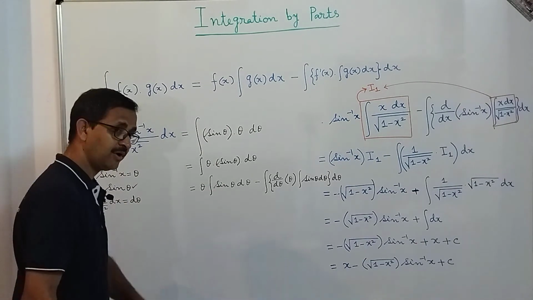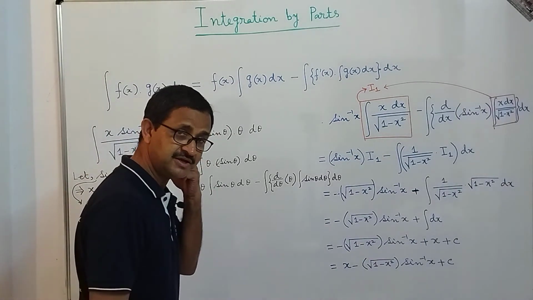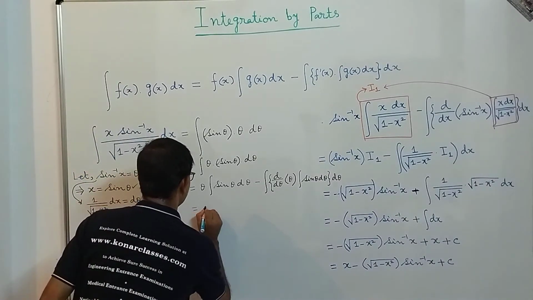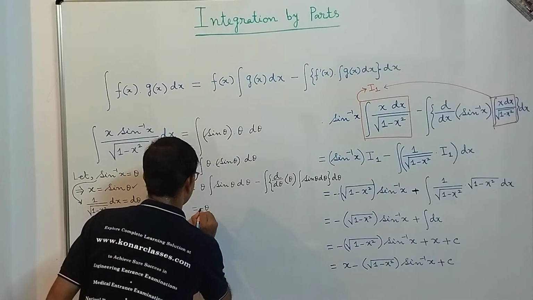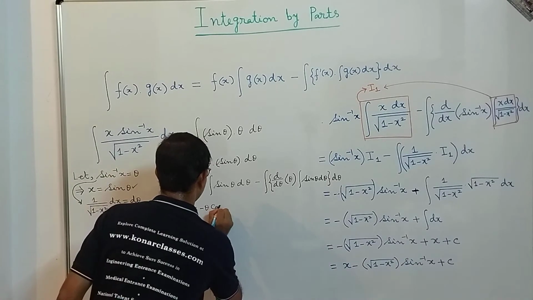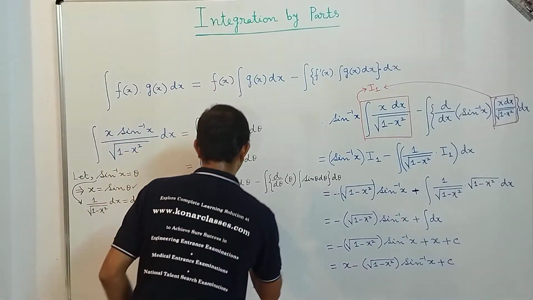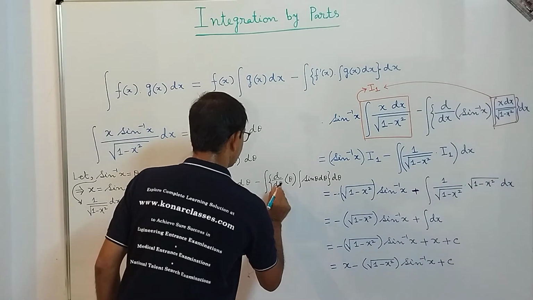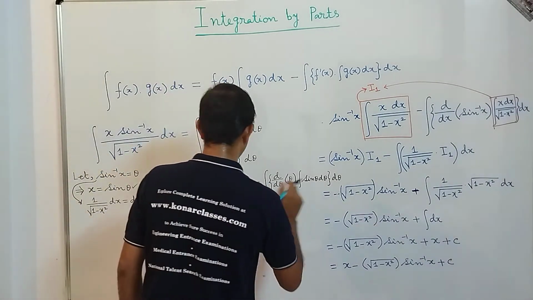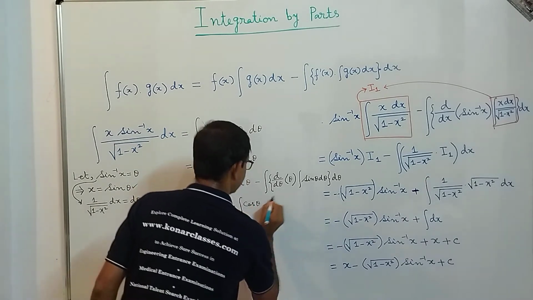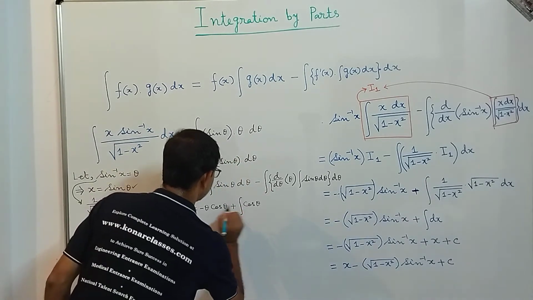What is the integration of sine theta? The integration of sine theta is minus cos theta. So that is minus theta cos theta minus, d by d theta of theta is 1, and the integration of sine theta is minus cos theta. So minus cos theta, and minus becomes plus.